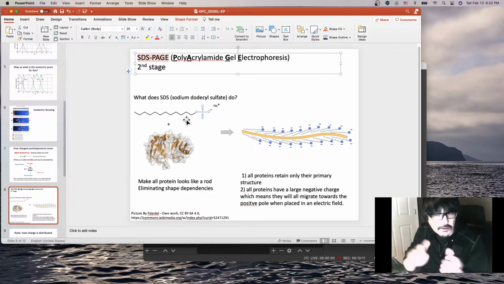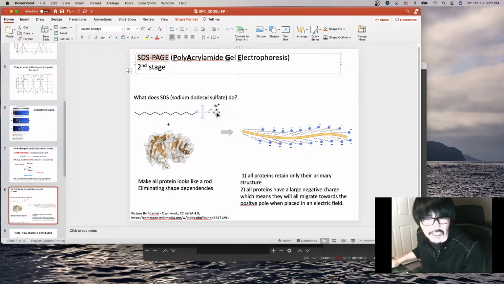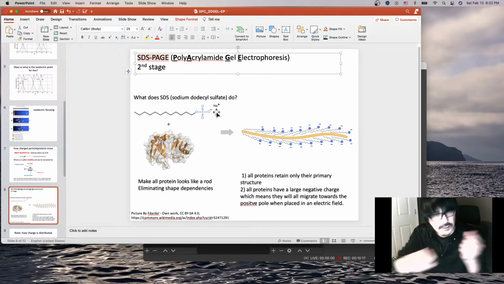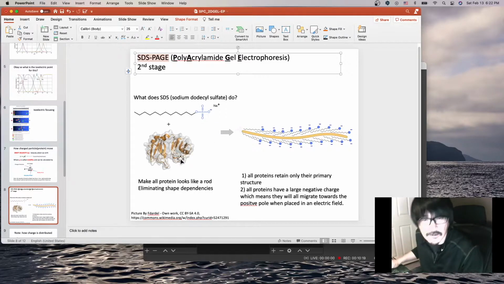Because it carries a negative charge, and negative charges repel each other, it's going to stretch out. So all the proteins become stretched out like this rod, and it carries a large negative charge.